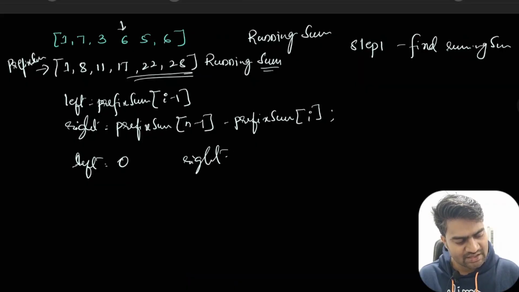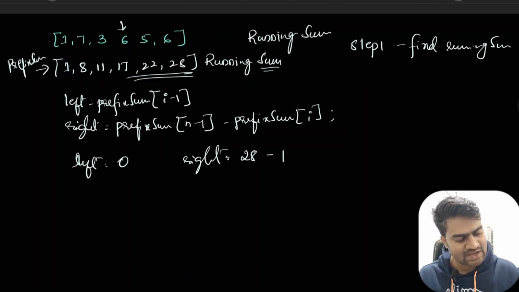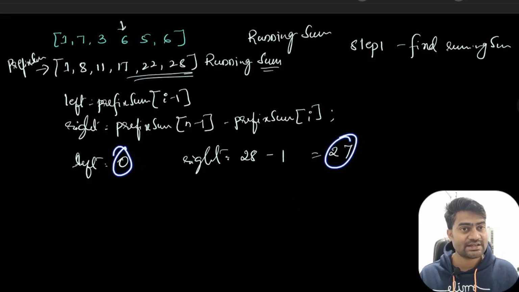Then my right will be basically this value, which is 28, minus this value, which is 1, so it will be 27. So 0 and 27 are not the same.